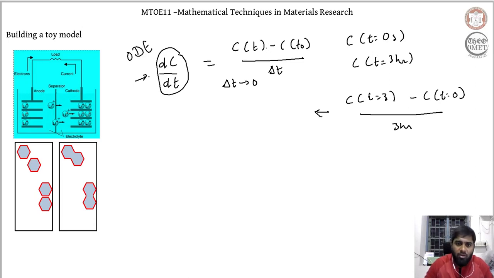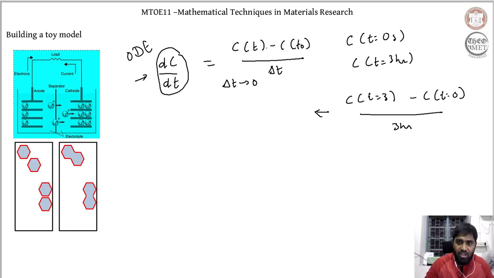Now when I consider the material aspect of it, when I remove the customer-facing aspect of phone charging and look closely into the material aspect, meaning what is happening in my electrode, what essentially happens during charging is that the invasion of lithium in my electrode progressively increases. So as my phone is getting charged, the charge is nothing but the reflection of the amount of lithium ion my electrode is taking in.